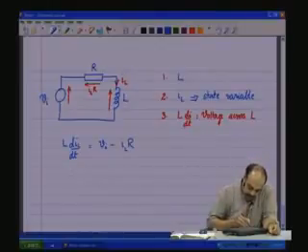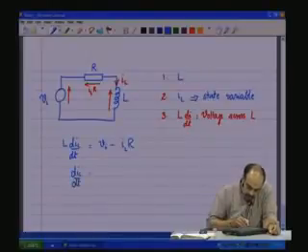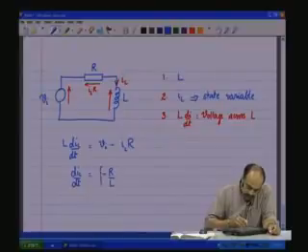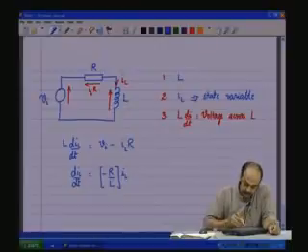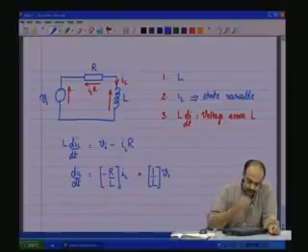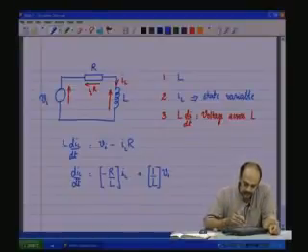So, putting it in the standard form, dIL by dt is equal to, where IL is the state variable, minus R by L into IL, the state variable, plus 1 by L into the input variable. And then the output variable for us, let us say, is IL.